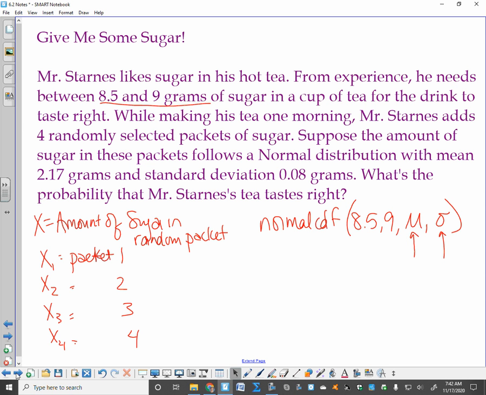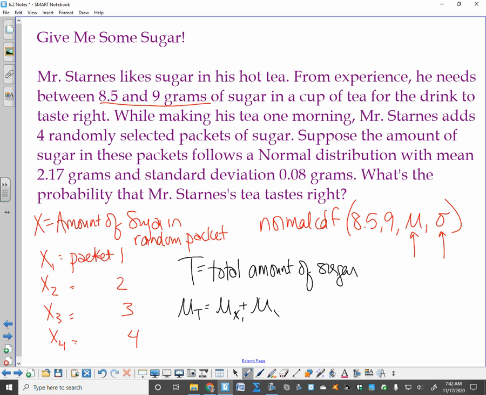Okay, I'm also going to define the letter T, because T is the total amount of sugar. So mu sub T is going to be defined as mu sub X sub 1, plus mu sub X sub 2, plus mu sub X sub 3, plus mu sub X sub 4.